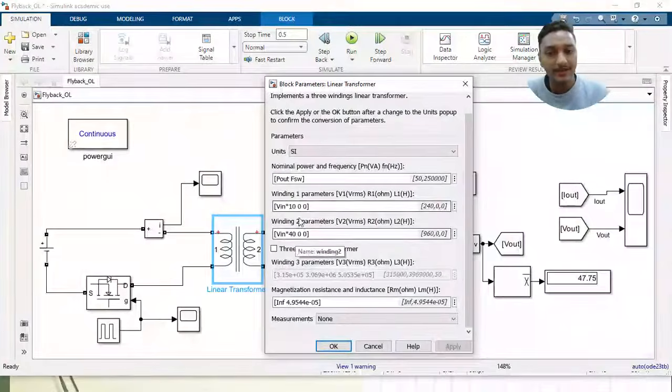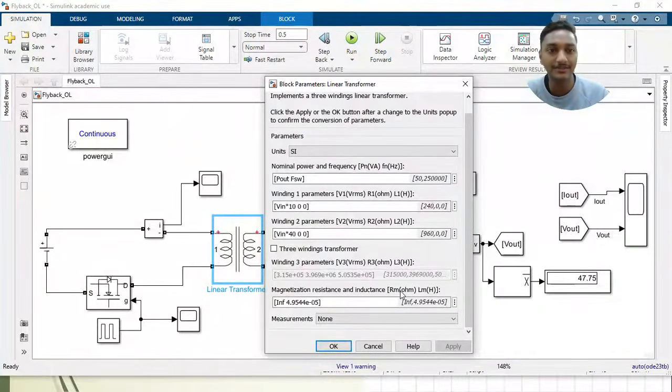So I have just made the turns ratio. I am assuming that whatever losses there are, that is R1 primary side resistance and secondary side resistance, primary side inductance, secondary side inductance, I am keeping these parameters as 0 as of now. So I am considering it more of an ideal transformer. Second is RM.